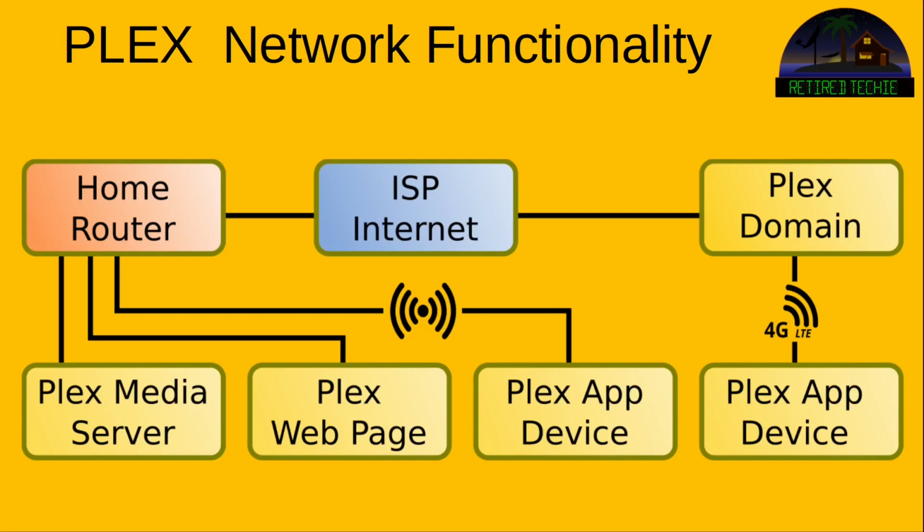Plex apps will also go via Wi-Fi in your local network. The nice thing about Plex is if your device is outside of your local network, the Plex domain will forward that back through your ISP to your home router to your Plex Media Server. There might be a few things you have to set up there to accomplish this, but Plex does most of the heavy lifting for you out in the internet.